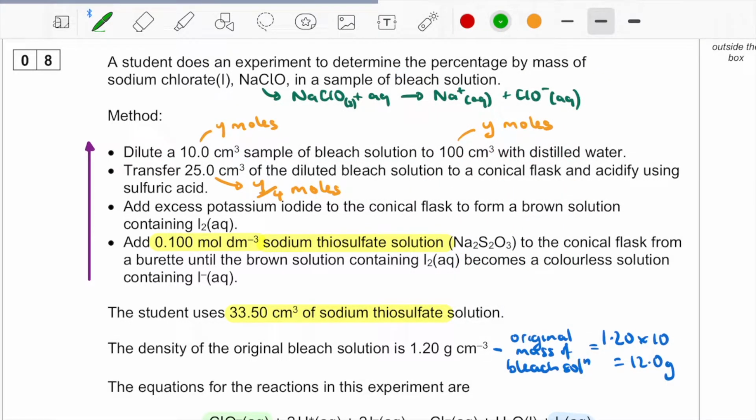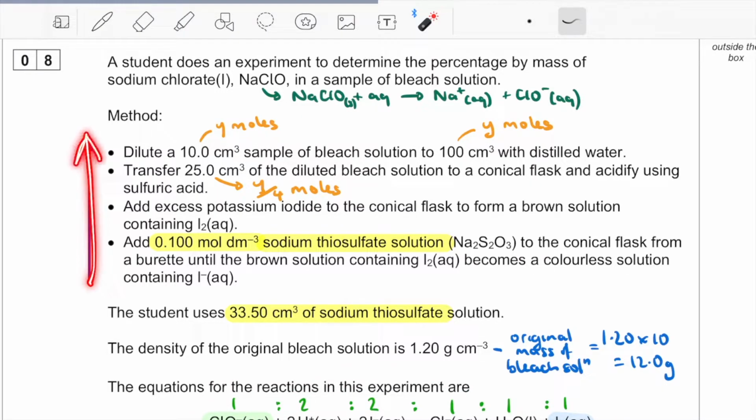I know they're pretty obvious, but it doesn't do any harm to really spell these things out. So hopefully what's becoming clearer now is that I can use this to work out this, and then if I know that, I can use that to work out that. So I'm working backwards, which is what you do in any titration, to be honest. So I think we're in a position now to get started.